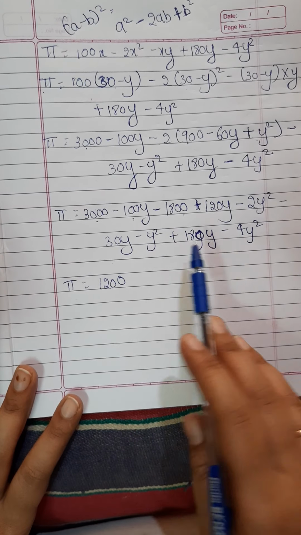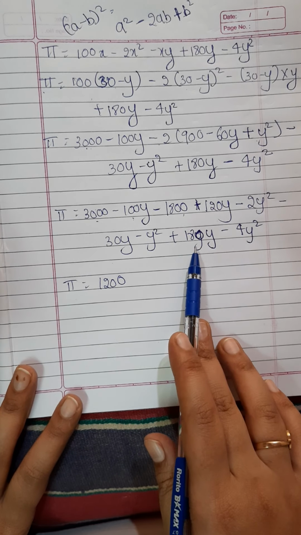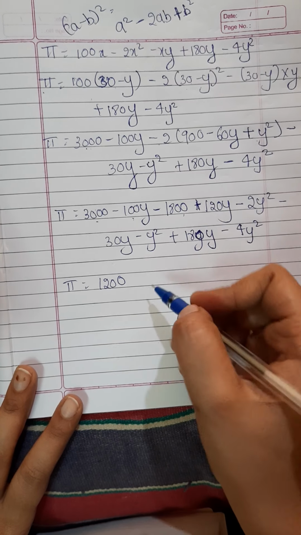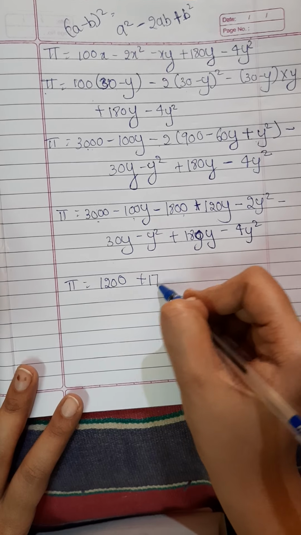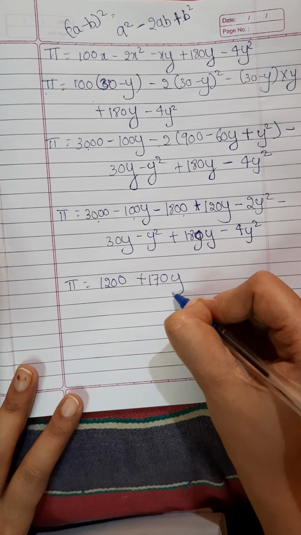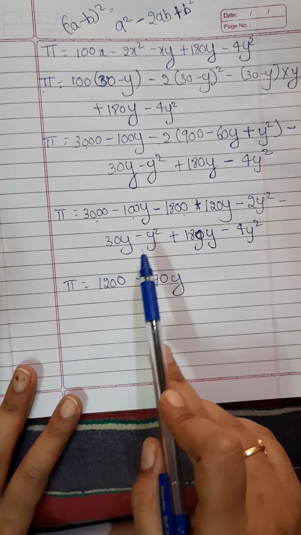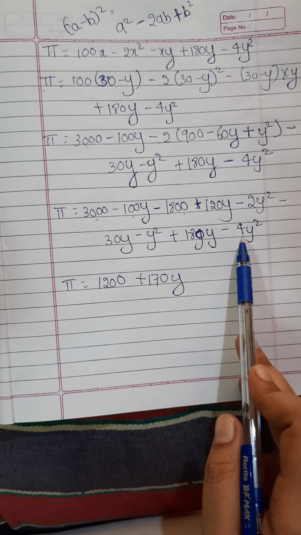minus 100y plus 180y plus 120y equals plus 170y. So minus 2y square minus y square.